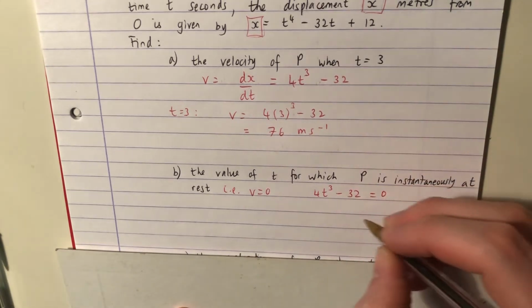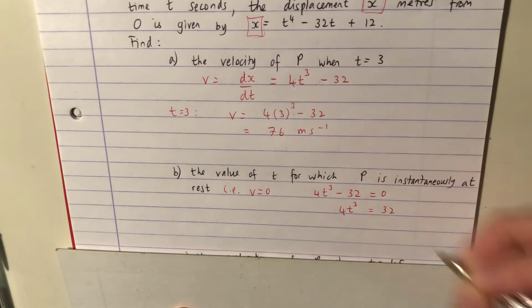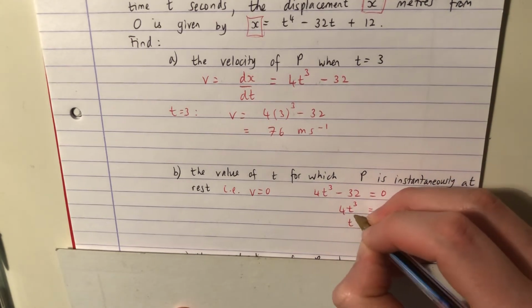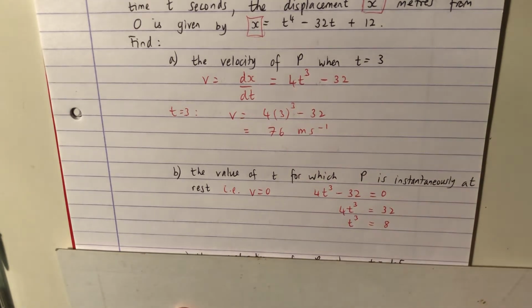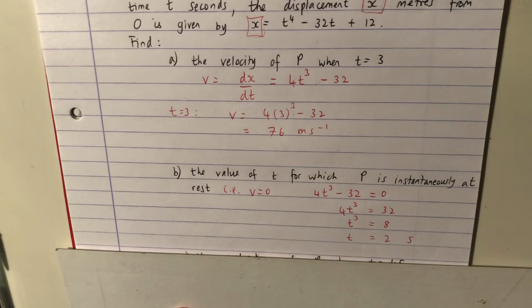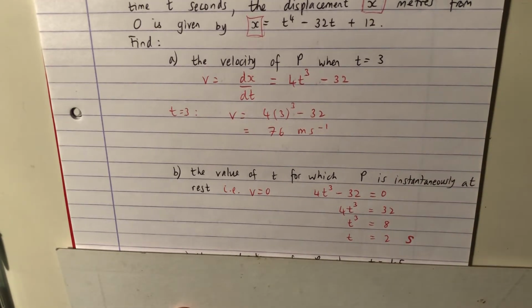Make t the subject, so add 32, divide by 4, and then cube root, to get t is equal to 2 seconds. And that would be the time when P is instantaneously at rest.